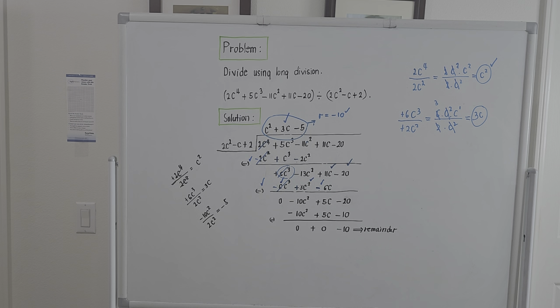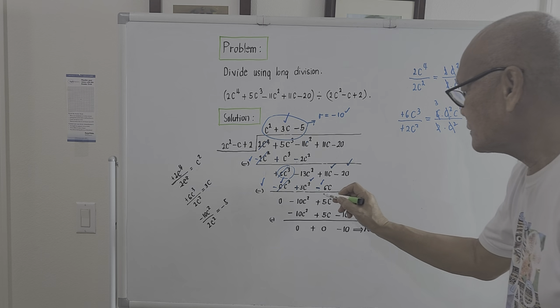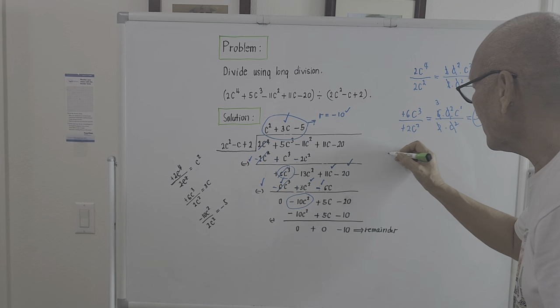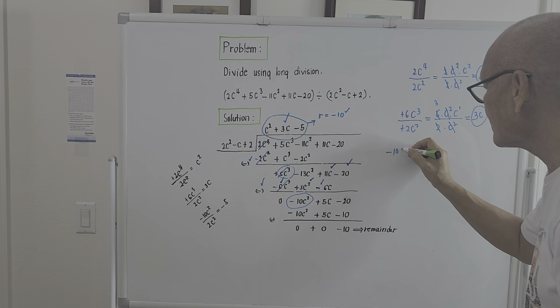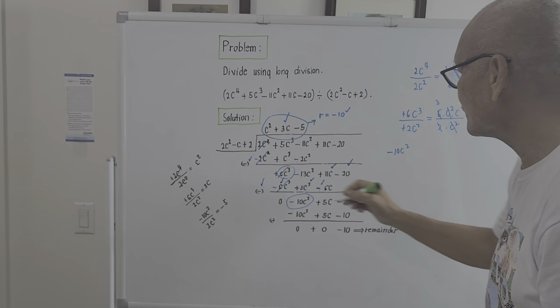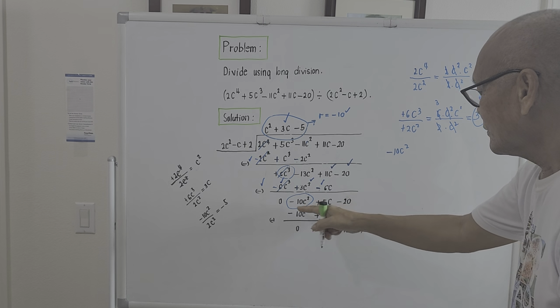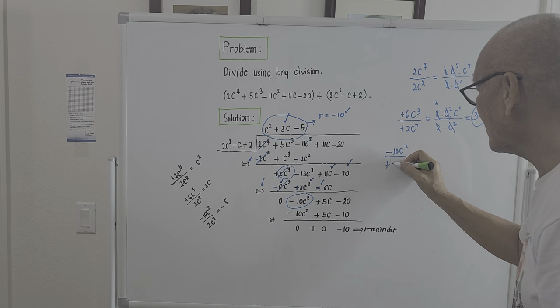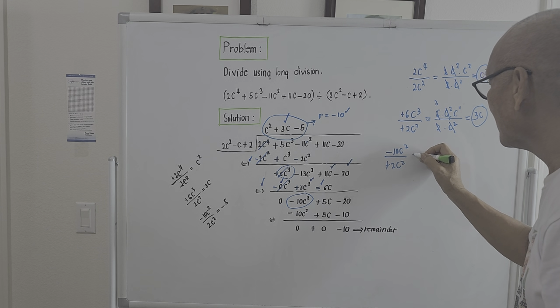Okay? So how do we know the next partial quotient? Take this portion here. Negative 10c squared. The first divisor is actually 2c squared, right? We carry the sign. So this is actually plus 2c squared.